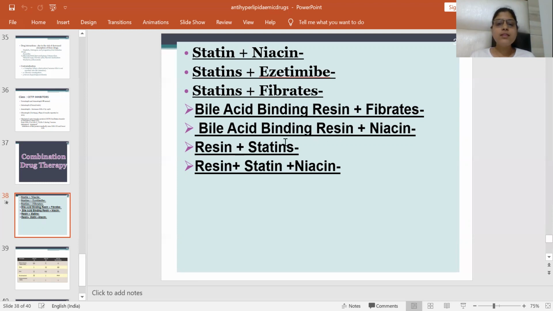Resins and statins, which are also HMG-CoA reductase inhibitors, will reduce the levels of cholesterol. Additive effect will be there. Resins, statins, and niacin are again used to have an additive effect of reducing the levels of cholesterol, reducing the levels of low density lipoproteins and very low density lipoproteins, and increasing the levels of HDL.